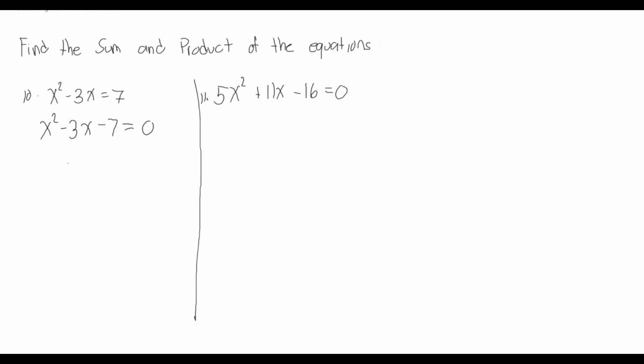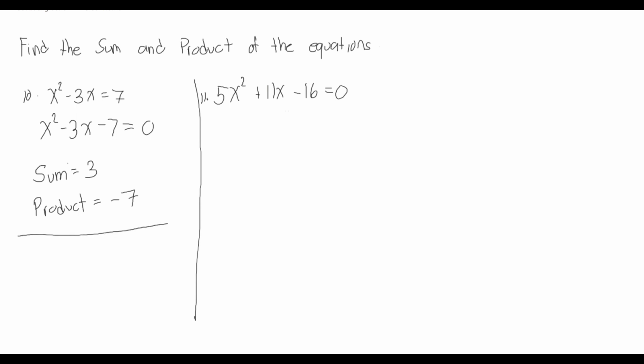Now, your sum is equal to positive 3 and your product is equal now to negative 7. Now, how did I find that one without substituting? The shortcut is, kunin mo lang yung middle term, baguhin mo lang yung sign. Yun na yung magiging sum. Then your product, kung ano yung last term mo, yun yung magiging product mo.